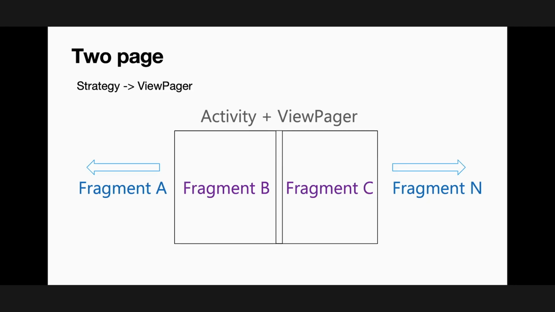The next one is two-page. As Bianca mentioned before, it's a perfect pattern for the reading application. When you open our Surface Duo device for the first time, you will feel like you are opening a book. With this pattern, you can swipe the pages like you are doing with a real book.